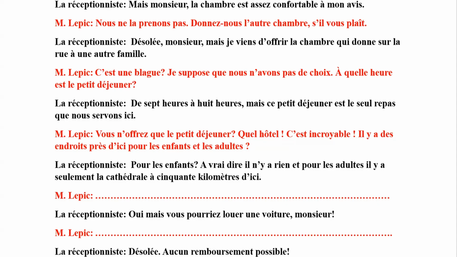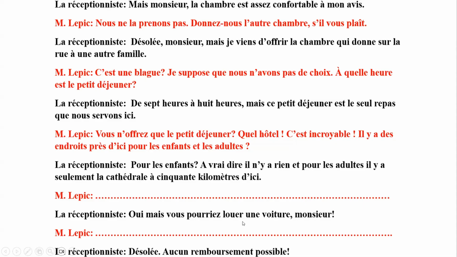So now we can see that our response fits in the context of the dialogue. Now we have to see what we have to say for this part of the dialogue. In order to figure that out, we have to see what is said below, where the receptionist says, oui, mais vous pourriez louer une voiture, monsieur.